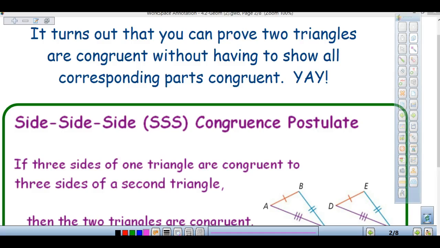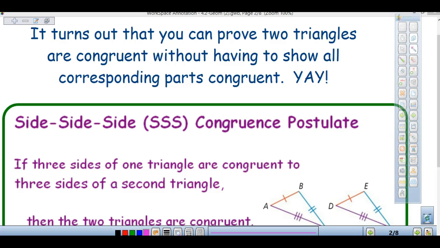All right, so yesterday, when we proved that triangles were congruent, all three sides and all three angles had to be congruent, right? The good news is that we're going to spend the next probably week and a half talking about all the different shortcuts that you can prove triangles congruent by. Okay, so that's kind of nice.